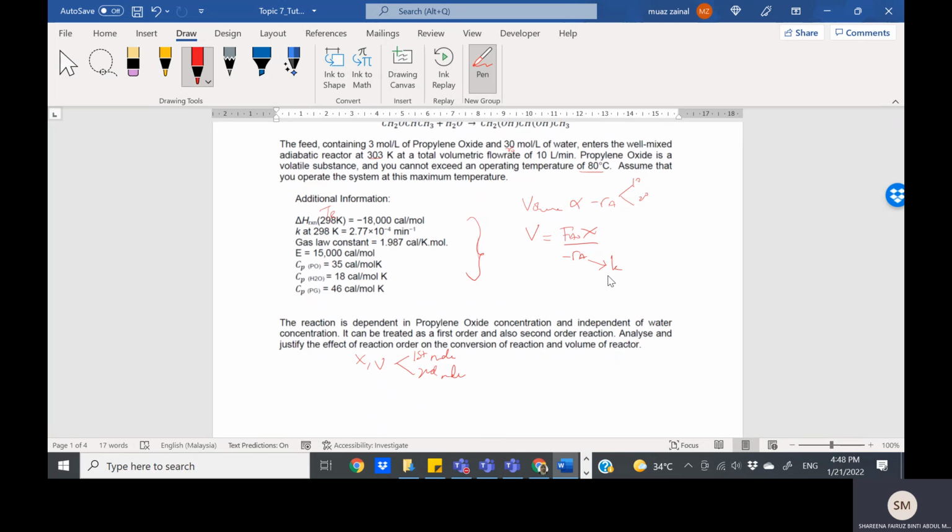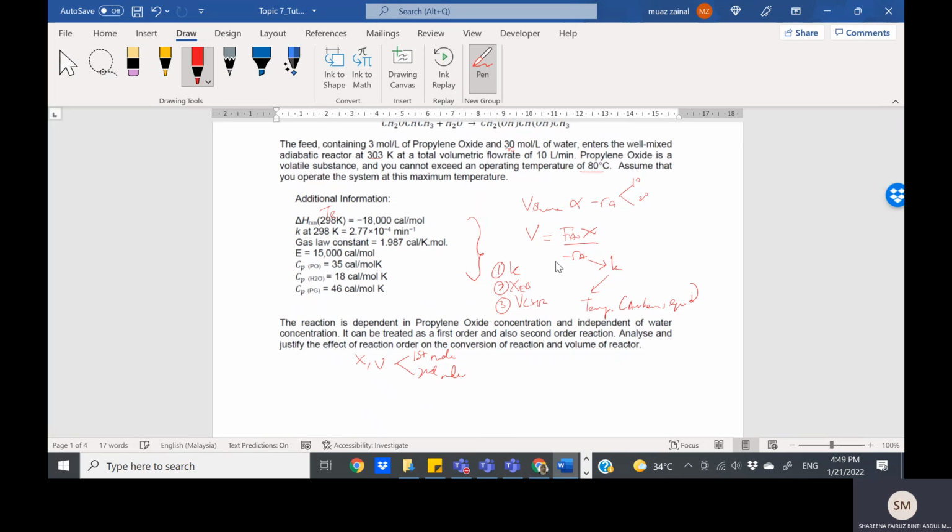This K you need to relate with the temperature, using the Arrhenius equation. So from here you have to find the K first, and then you have to find the X, XEB, which is probably from the energy balance, in order for you to substitute all these values into the VCSTR.